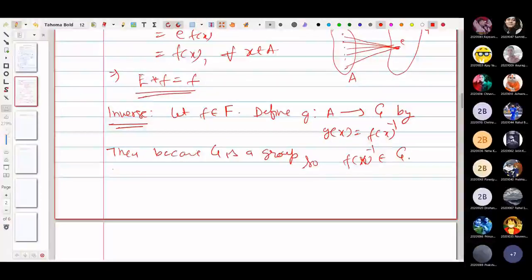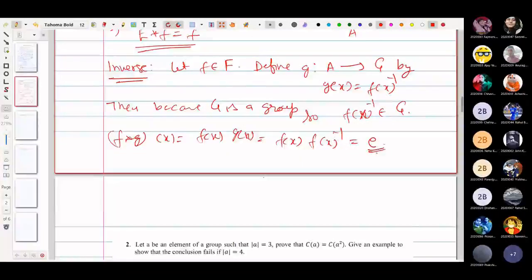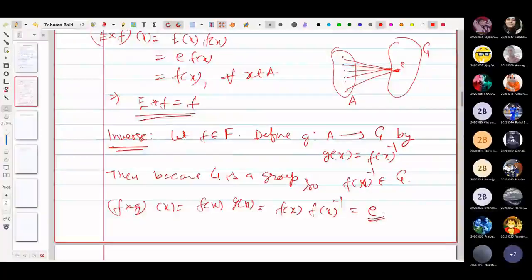Therefore f inverse belongs to capital F. Now we can write f star g of x, which equals f of x times g of x. Here g of x is f of x inverse, the inverse of f of x, so we get the identity. So f inverse is the inverse of that particular element.